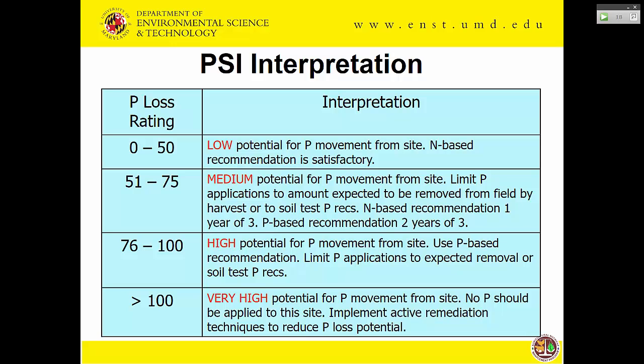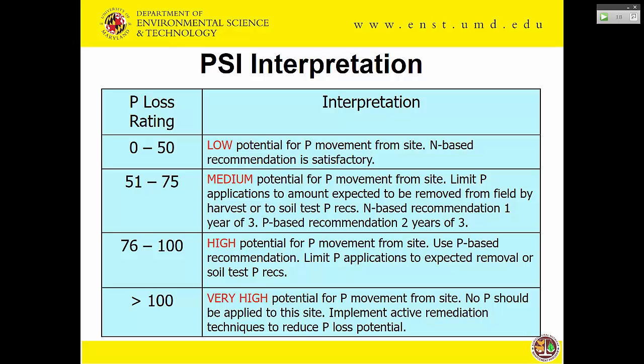And once you're done with all the calculations, you're going to come up with one of 4 rating classes. If you get a 0 to 50, you're in a low class. It means there's a low potential for phosphorus movement, and you can still do nitrogen-based recommendations for organic nutrient sources. If you're 51 to 75, you're already in a medium class, and even now there's some restrictions.